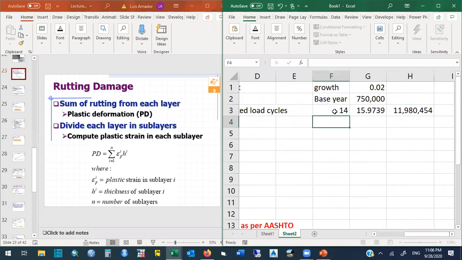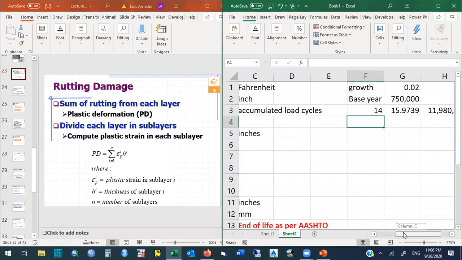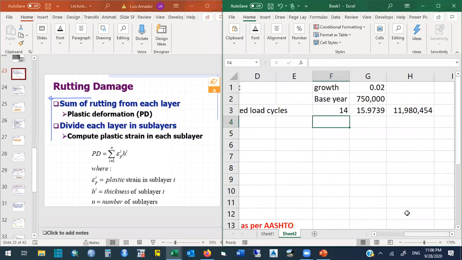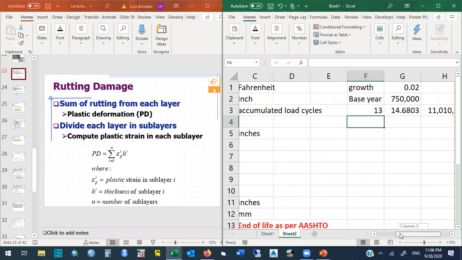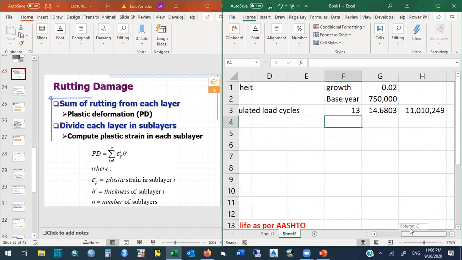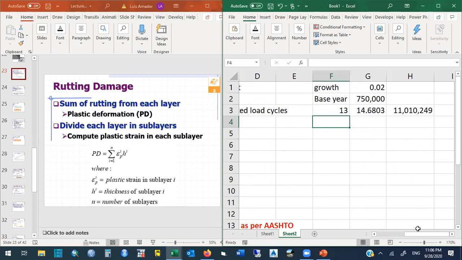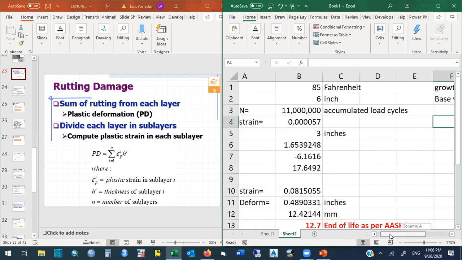So maybe 14 years. And do we have a rough estimation for a brand new pavement about its lifespan? How long does it take to be damaged? Or is it dependent on material or the environment or all this together? It depends on many things, and you need to attend my other class for that.